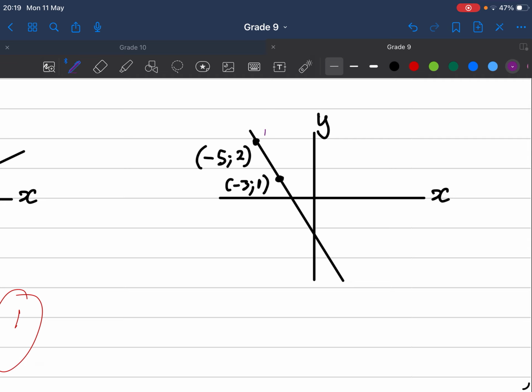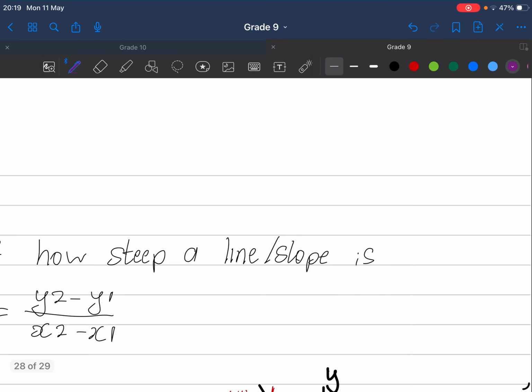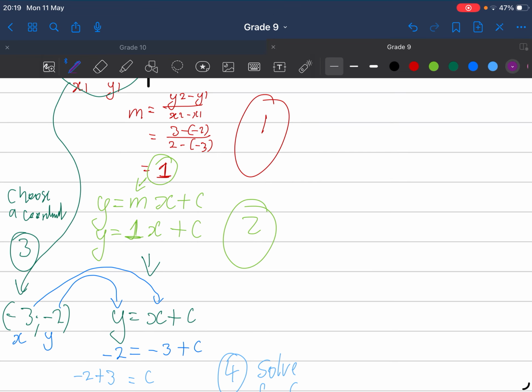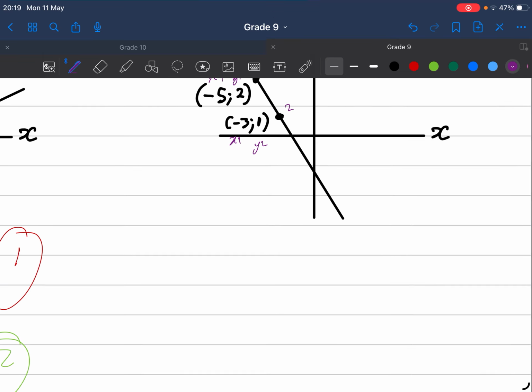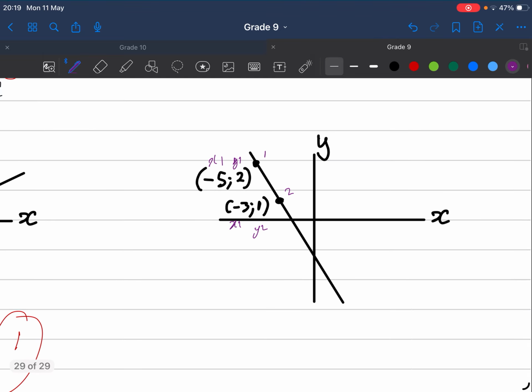Now coordinate 1, coordinate 2, x1, y1, x2, y2. Oh, and if you are wondering, does it matter which coordinate you choose at step 3? No, it doesn't. Just choose whichever one you want.